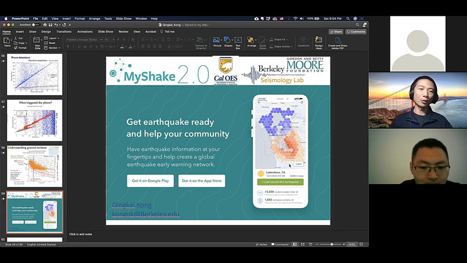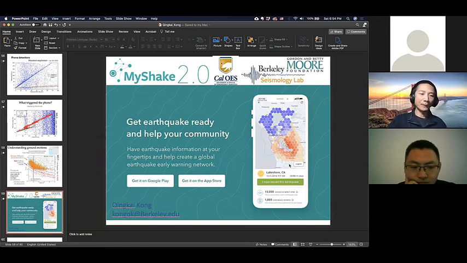Google right now is doing their own system. Basically, all the Android phones will have earthquake alerts and earthquake information in the future. There are also some other groups, like in Europe and in Taiwan, doing similar research, trying to use smartphones to detect earthquakes and do earthquake warning. MyShake is one of them trying to push this forward.